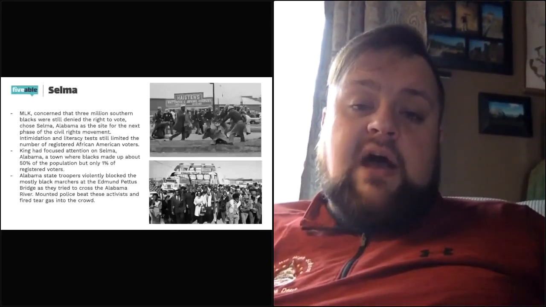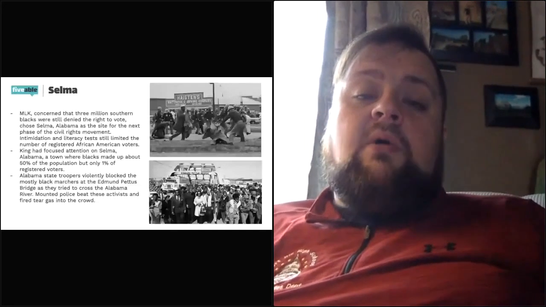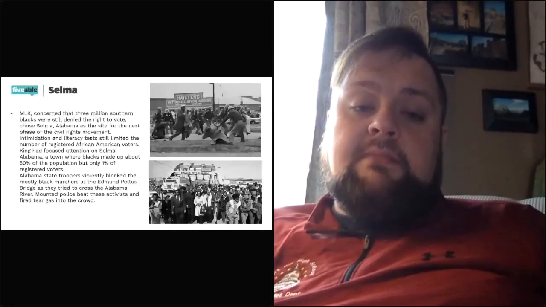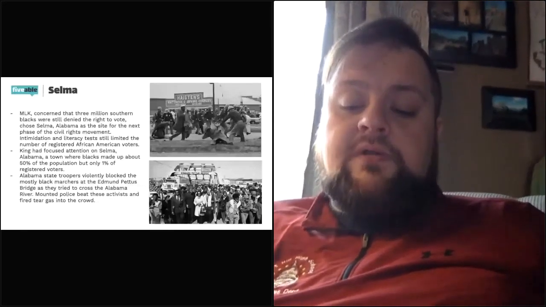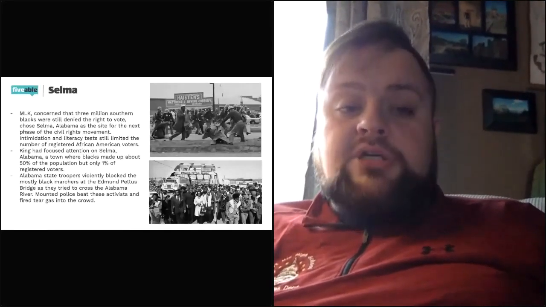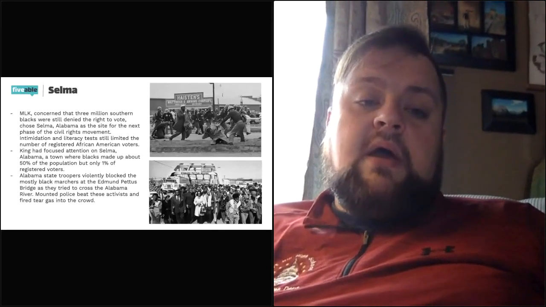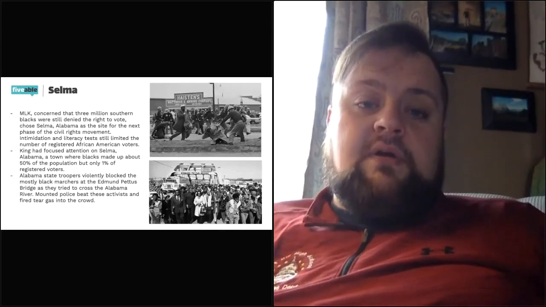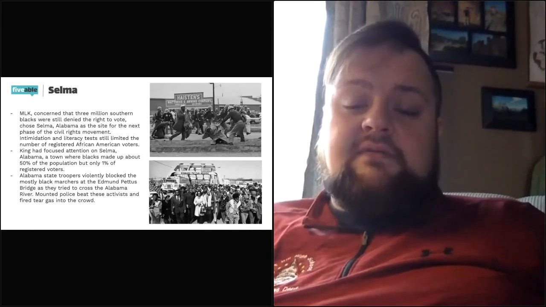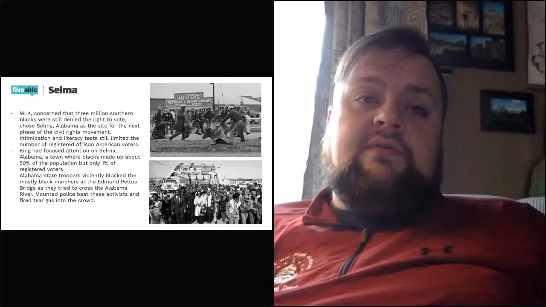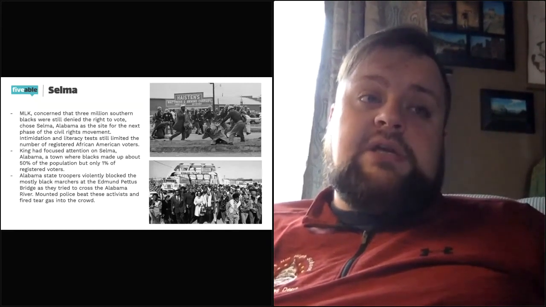And Dr. King himself comes to Selma. And once again, after several people being murdered, including a white priest from the North, they march across the Edmund Pettus Bridge all the way to Montgomery, Alabama, where George Wallace is governor, who's an incredible racist in and of himself. And they end up demanding the voting legislation.